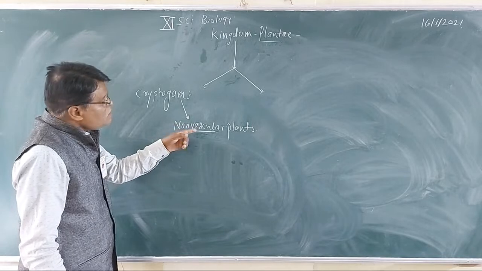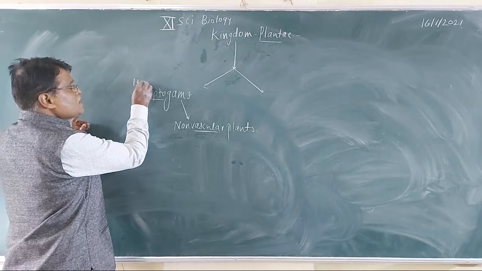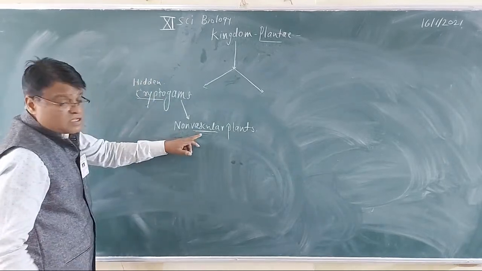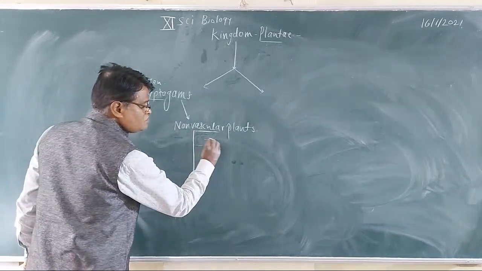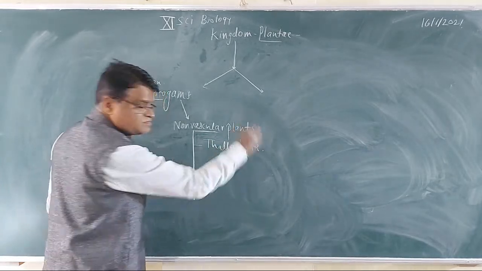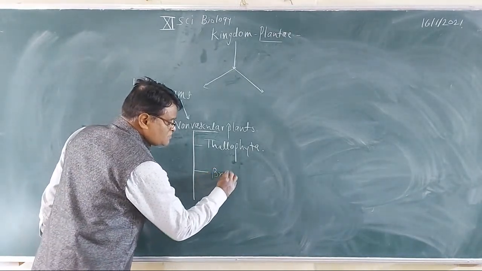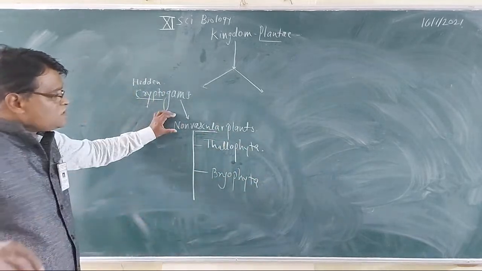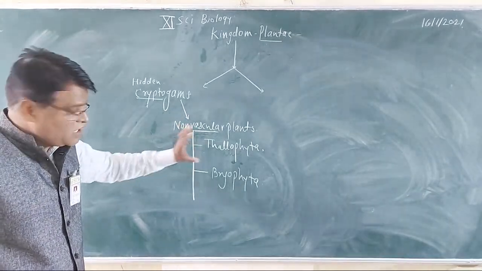So crypto means, you know very well, hidden. Non-vascular plants, the group of non-vascular plants: one is the Thallophyta, and the next one is the Bryophyta.